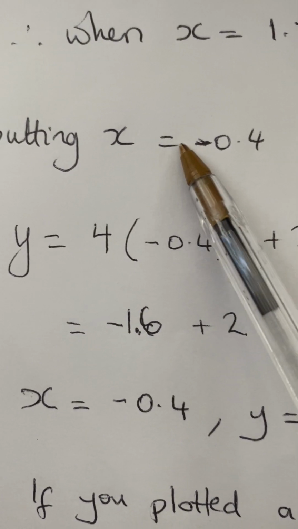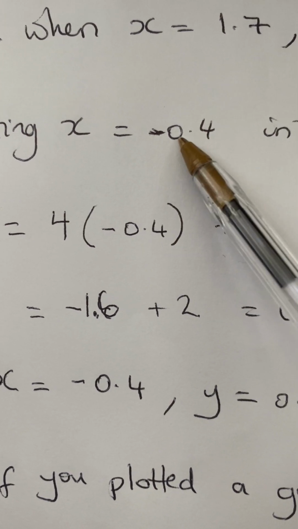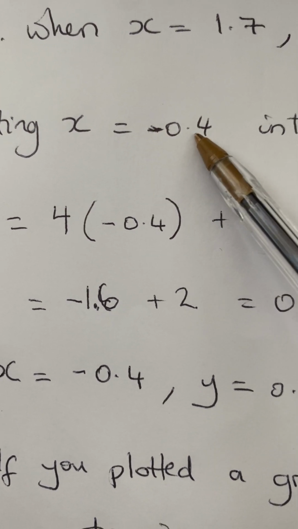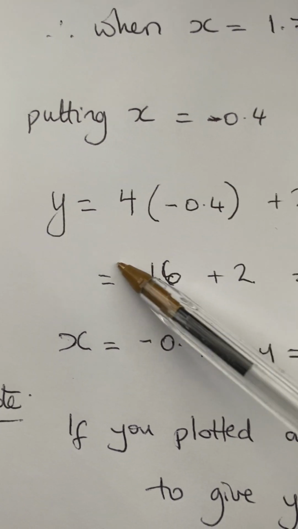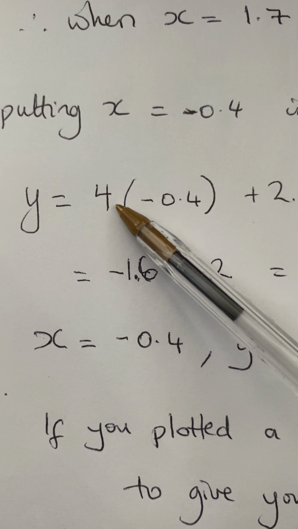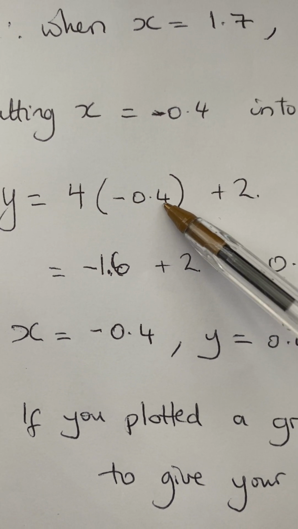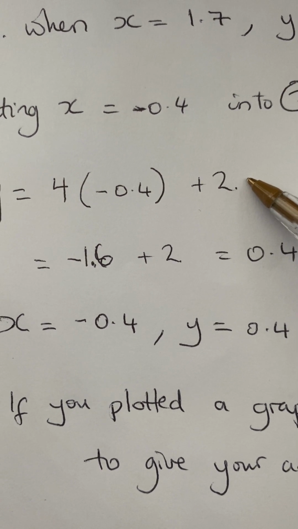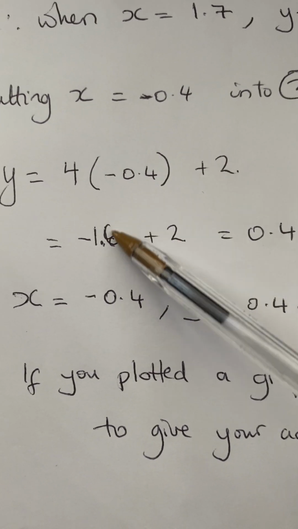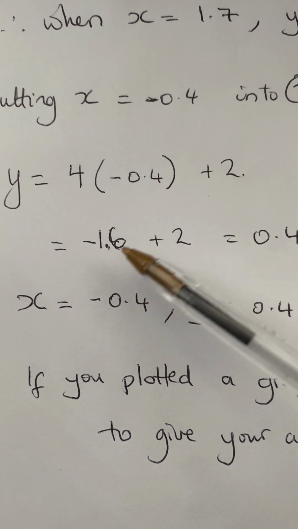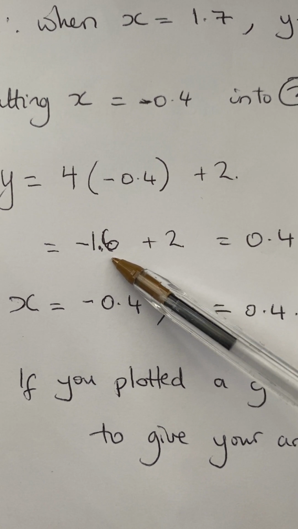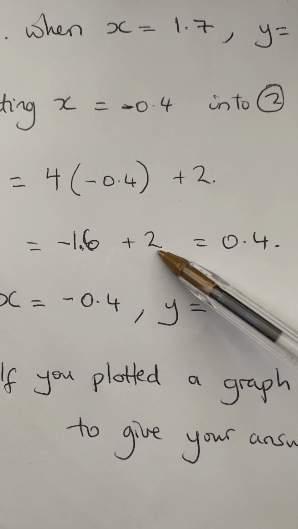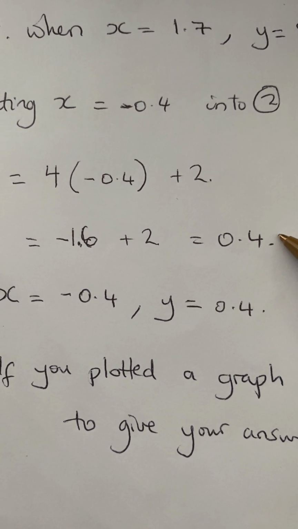Now, the second value of x to one decimal place is minus 0.4. So y equals 4 times minus 0.4 plus 2. If you do that again on the calculator, you get minus 1.6 plus 2, which is 0.4.